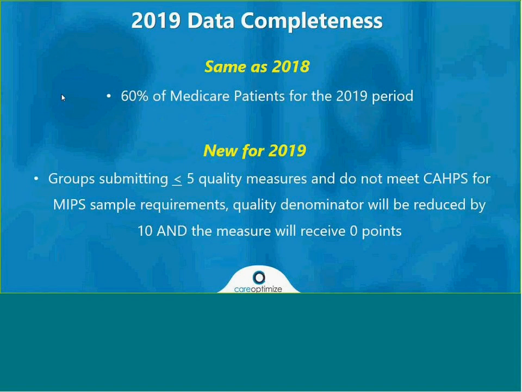And new for this year is if you're not meeting the CAHPS sample requirements and you're submitting less than 5 quality measures, then you're not going to get any points for that measure, and your quality denominator is going to go down by 10 points. So that's brand new for this year. So if that does apply to any of you, please take heed. You may want to spend some time looking at that because that can adversely affect you if you're not aware.